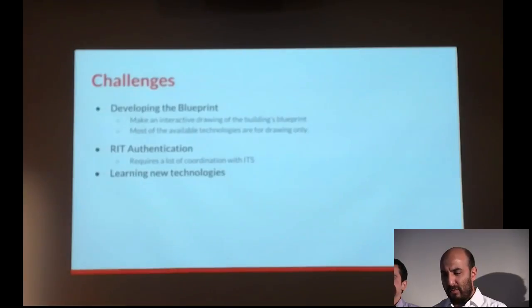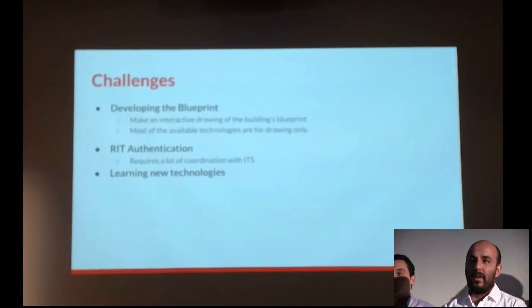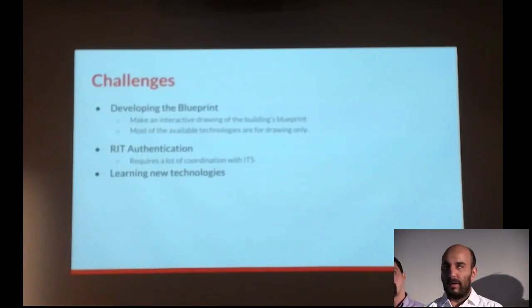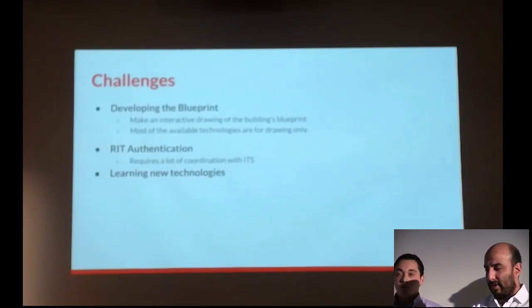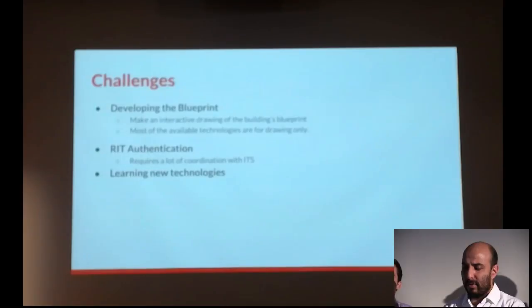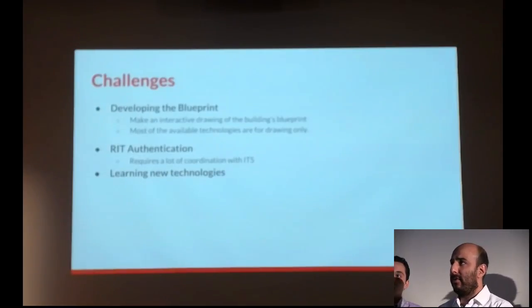So instead, we chose to work with SVG and draw each room individually based on its coordinates. Another challenge was the RIT authentication, because it has a long process until we get their API, meeting them, sending them emails back and forth.